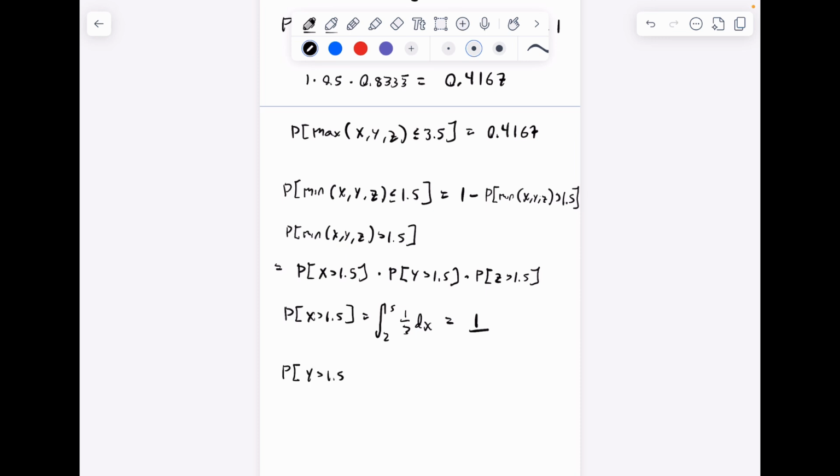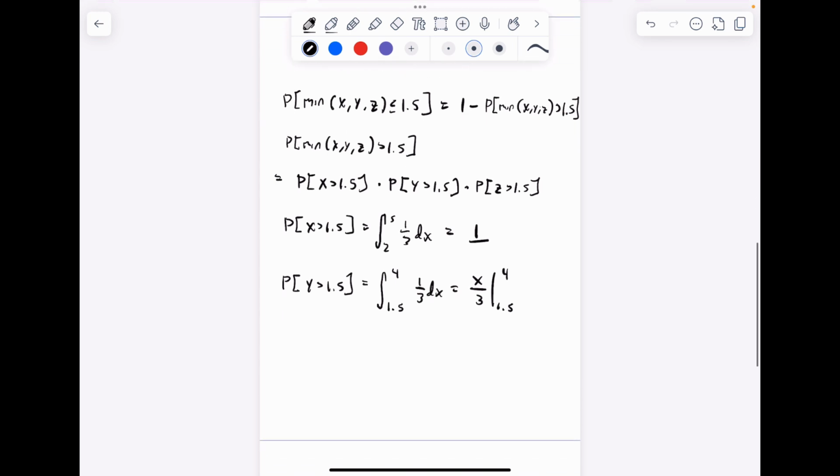Now we do y being greater than 1.5, and that interval is 1 to 4. We can actually do some math. So we get x over 3 from 1.5 to 4, 4/3 minus 1.5 over 3 gives us 0.8333 repeating again.